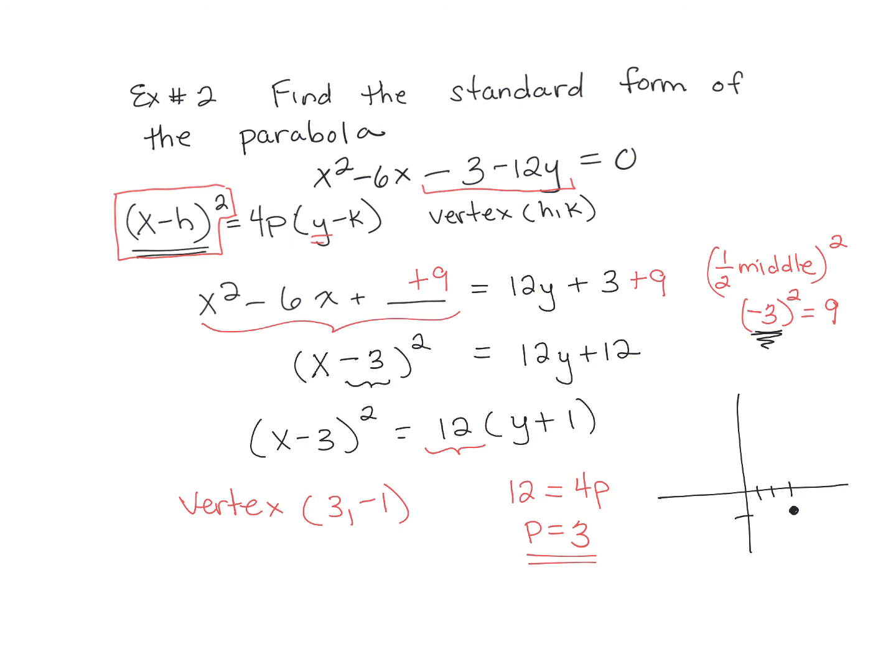And 3 units above, so 1, 2, 3, we will have our focus of 3, 2. And 3 units below, 1, 2, 3, we will have our directrix at y equals -4, and then our parabola, I'm not exactly sure where it crosses the y-axis, but just as a sketch, we'll get something like this. Now, if I wanted to know the y-intercept, I would just let x equal 0.